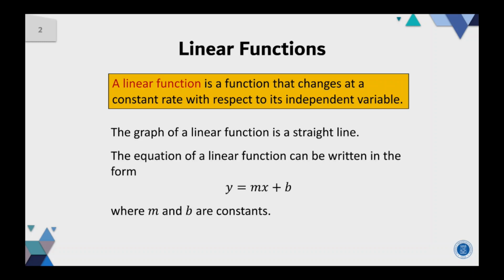All right, and the equation can be written in this form, y equal to mx plus b, where m and b are constants. And if you remember the previous subchapter, you can see that this type of equation is a part of the polynomial function, right?